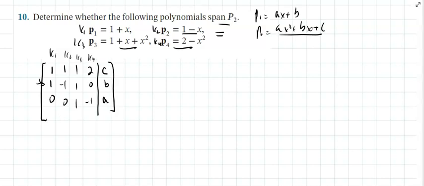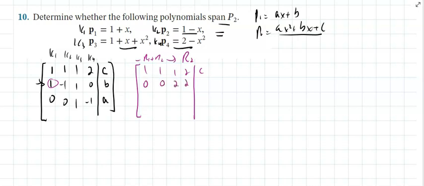So if I make that a 0 on the first attempt, this is simple, negative row 1 plus row 2 in row 2. I'm looking at 1, 1, 1, 2, and a C. I'm looking at 0, 0, 2, 2, and B plus C. And then 0, 0, 1, negative 1, and an A. Okay?